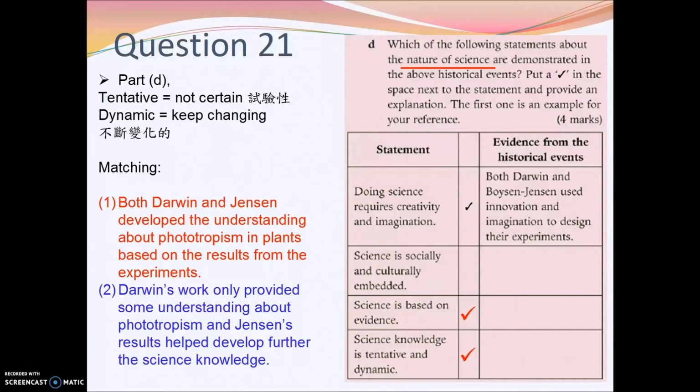So it should refer to science is based on evidence, or science knowledge is tentative and dynamic. And the second one is that Darwin's work only provides some understanding about phototropism, and Jensen's result has developed further science knowledge. That means the work of past scientists provides a foundation for future scientists to develop more scientific knowledge.